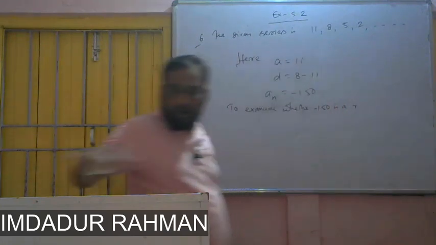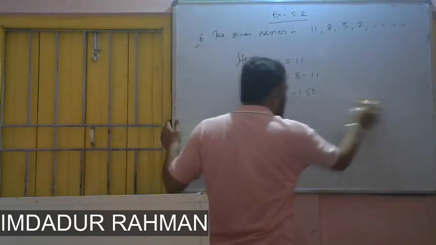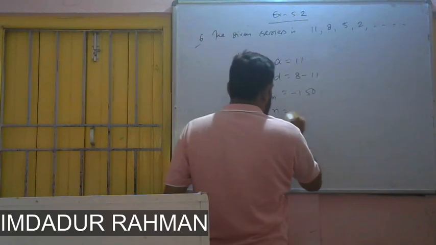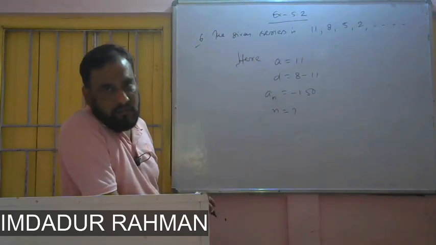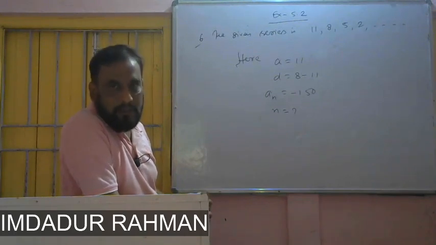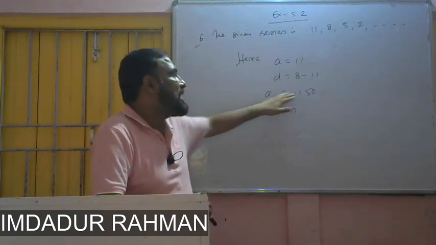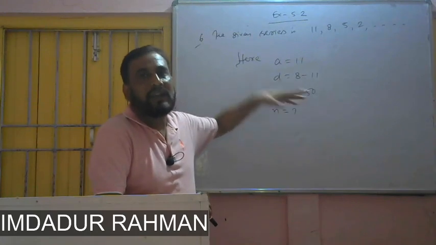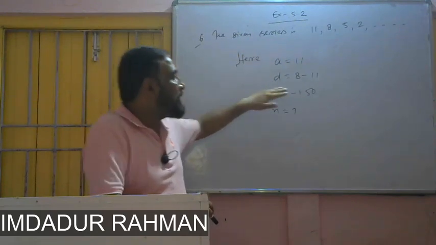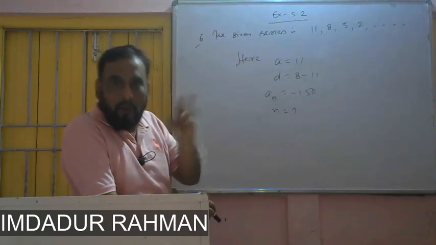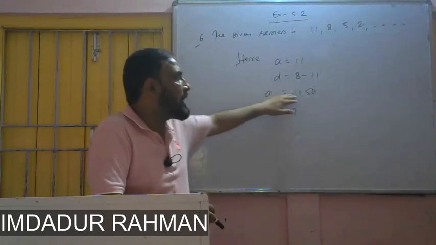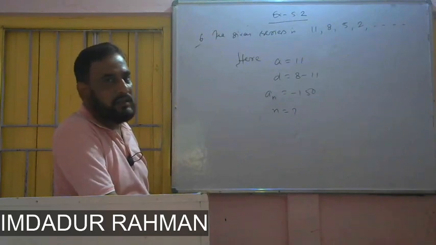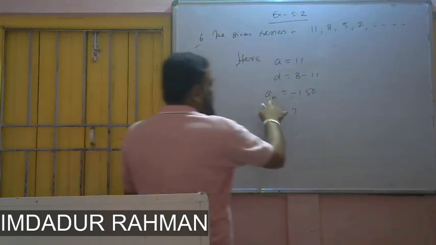That is, we have to find n. How to examine? If n is a fractional number or a negative number, then we will say that this minus 150 is not a term of this series. If n is a positive whole number, then we can say that this minus 150 is a term of this series. We will just use the formula of a_n.